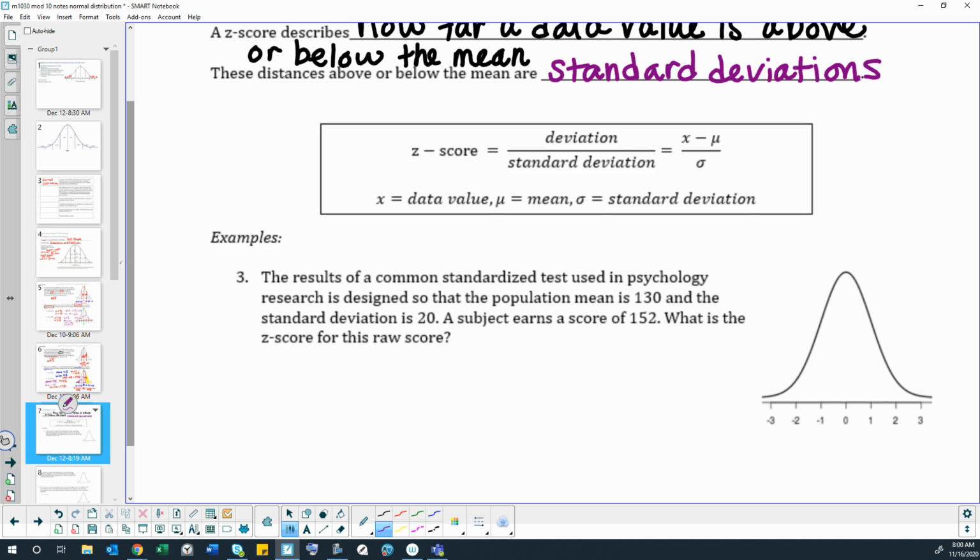Okay, so we're going to start with our data value x, right? We're using our formula. So we're going 152 for the data value, and then we subtract the mean, which for this set of data is 130. So that gives us, what, 22? And then we divide by the standard deviation 20.